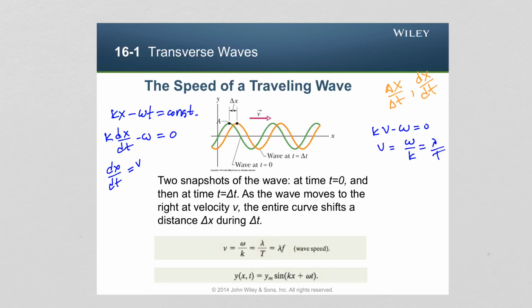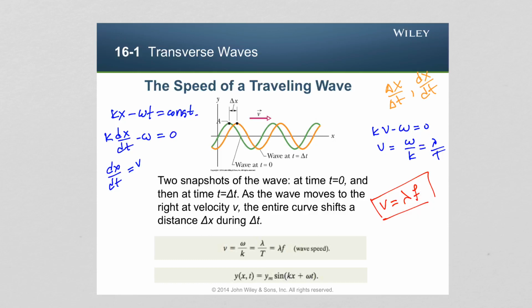And finally, remembering that the frequency of the wave is related to the period, I can rewrite the wave speed as v is equal to lambda f. So the wave speed is equal to the wavelength times the frequency of the wave.